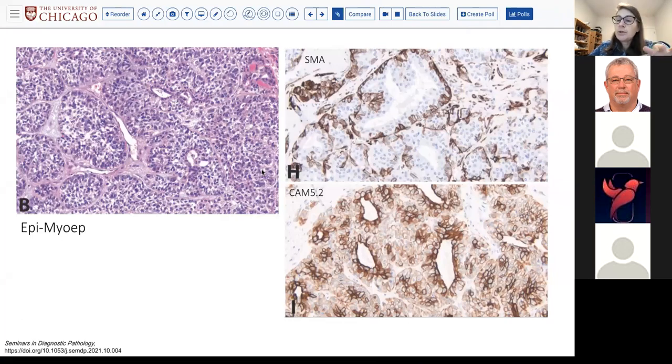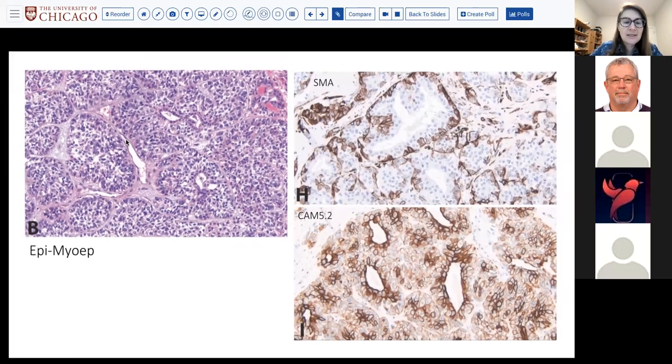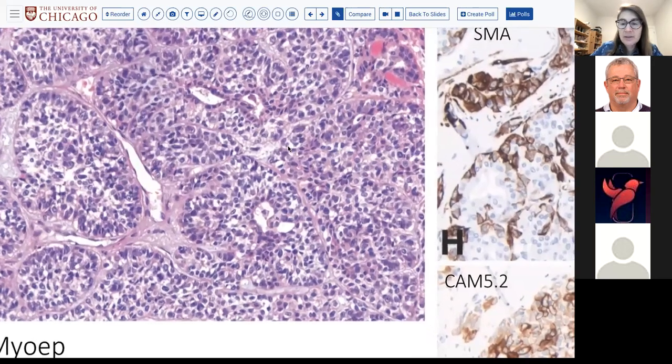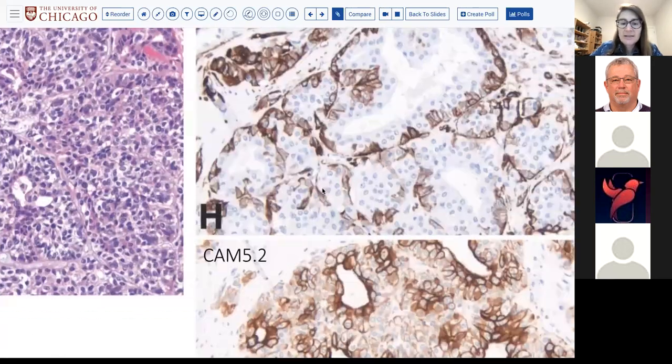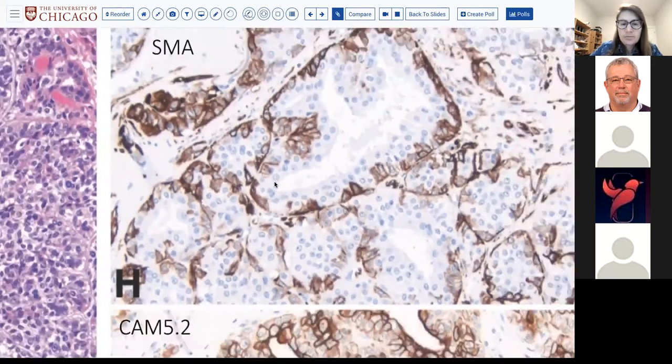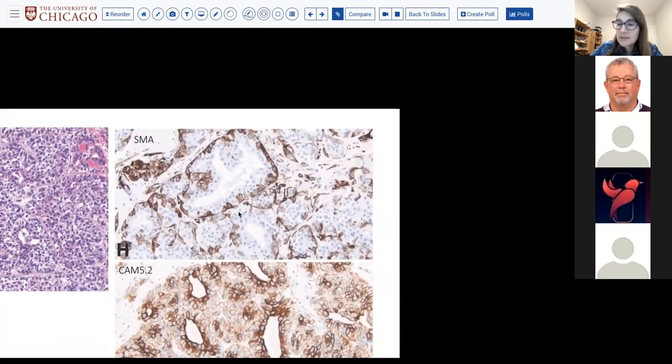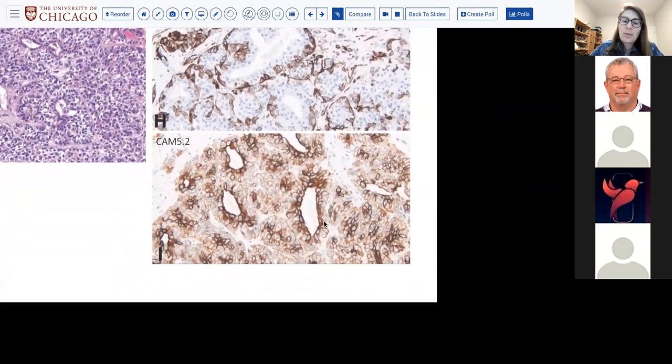I did want to show you a picture of an epithelial myoepithelial carcinoma since we didn't have one in there, to flesh out the biphasic neoplasm spectrum. Generally these tend to have very clear myoepithelial cells that stain with both your basal and your myoid markers, as seen here with SMA.